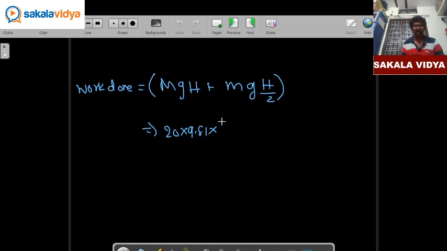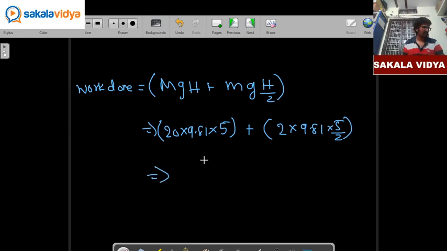Okay, 5, plus small m, the mass of the rope, is 2, into 9.81 into 5 divided by 2. So what is the answer? We are going to get exactly 1030.05 joules.